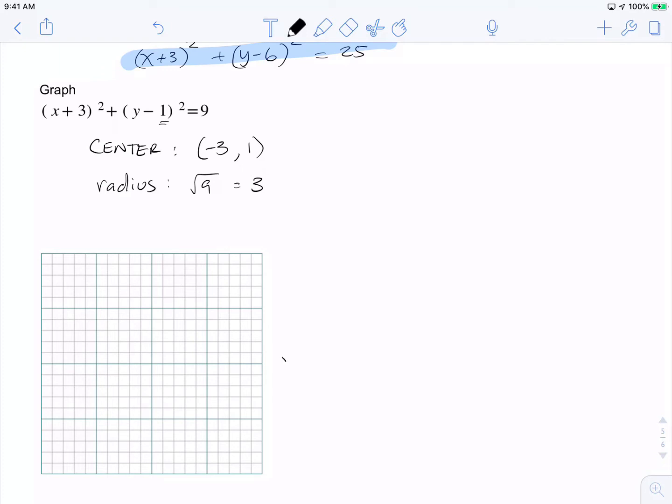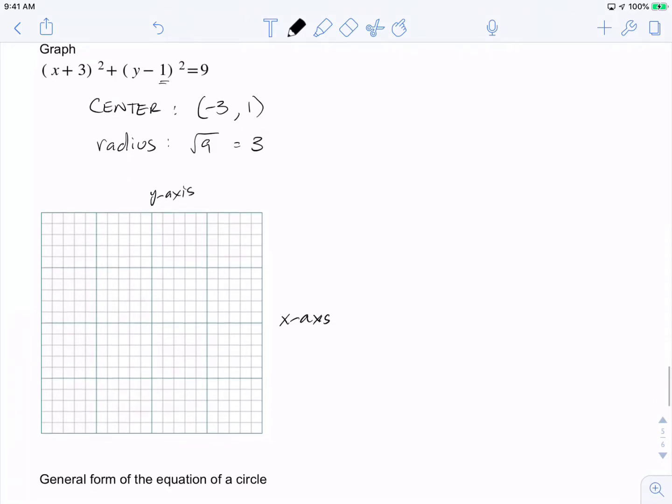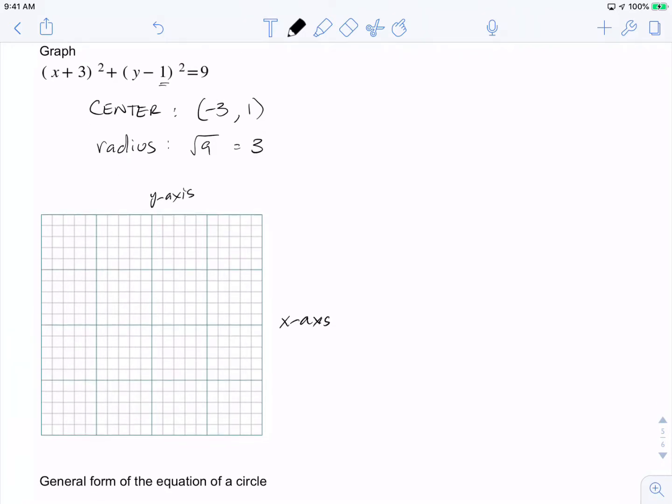So to graph this thing, again, here's our x-axis, here's the y-axis, and when we go to graph this thing, we're going to find a center of negative 3. So here's the origin. We're going to go negative 3, and we're going to go up 1. So that is our center. Now the radius is 3 away, so I'm going to have a point here.